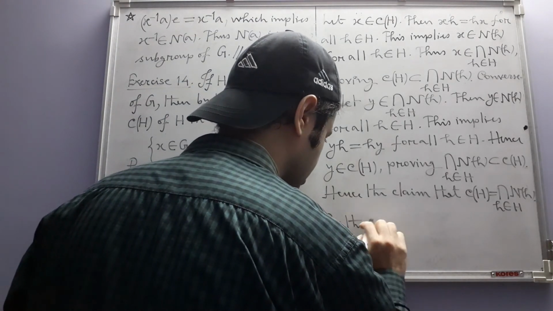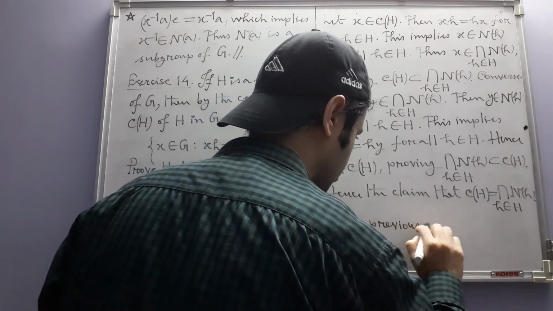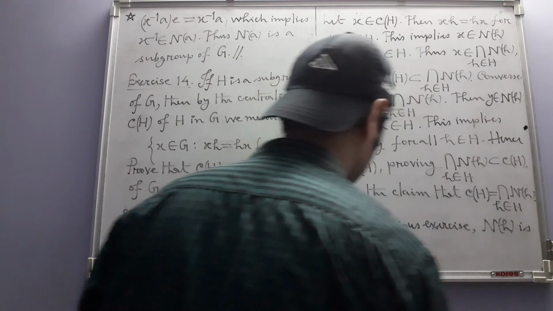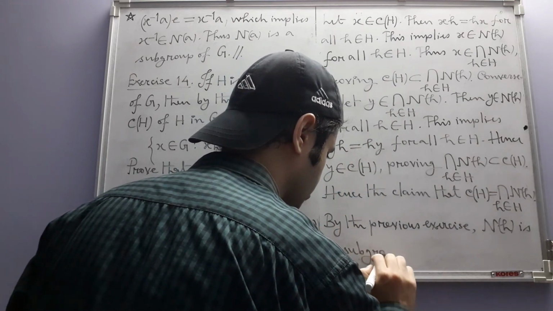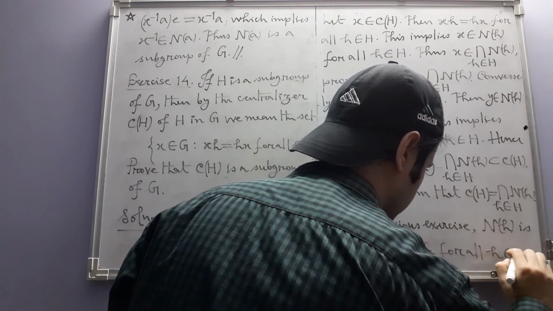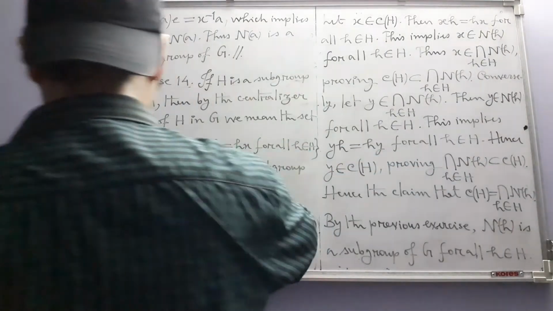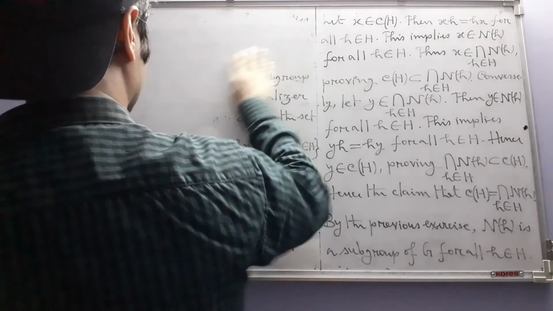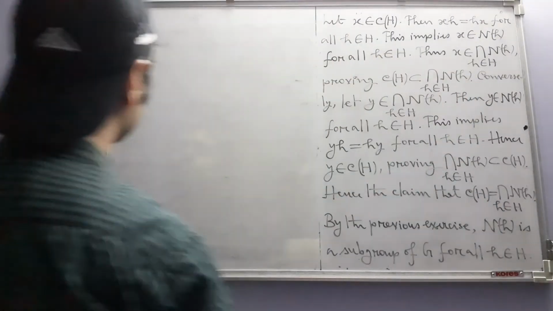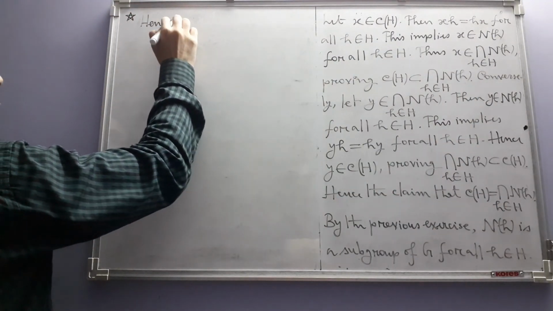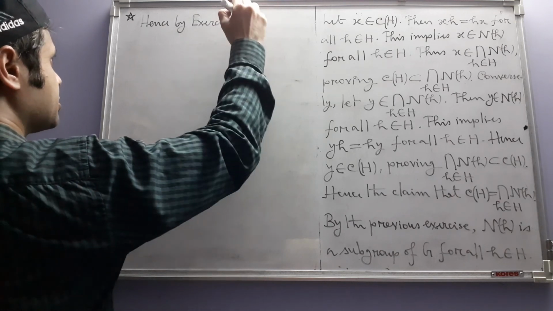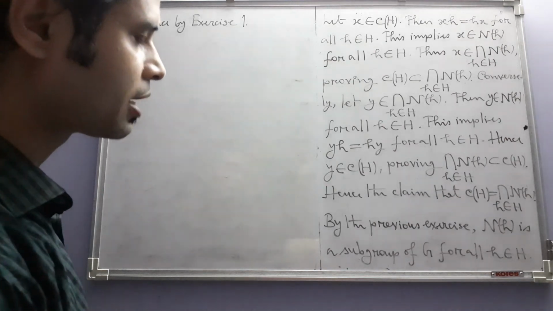By the previous exercise, NH is a subgroup of G for all H belonging to H. Hence by exercise 1, which means the extra remark that comes with it.